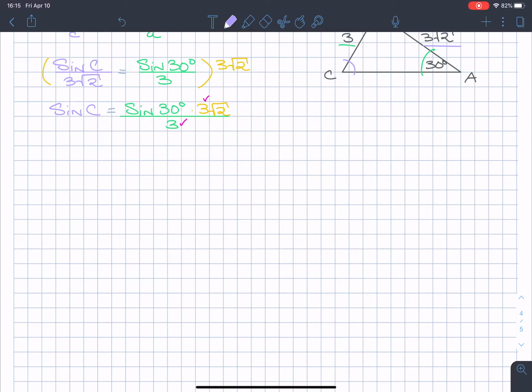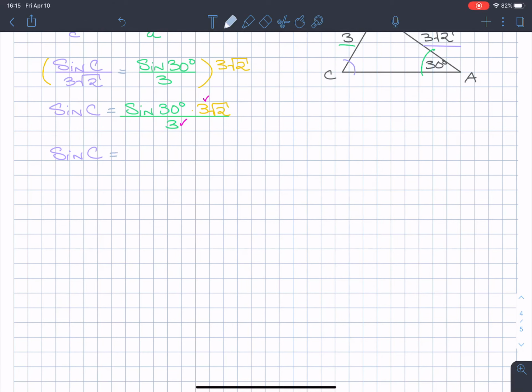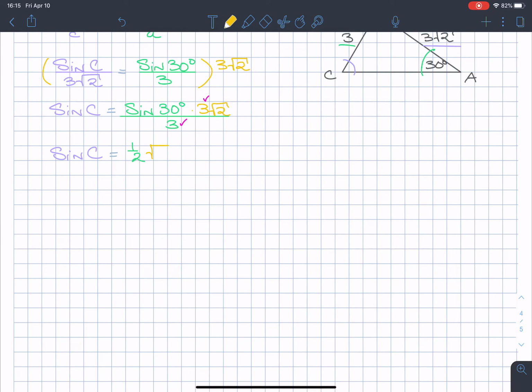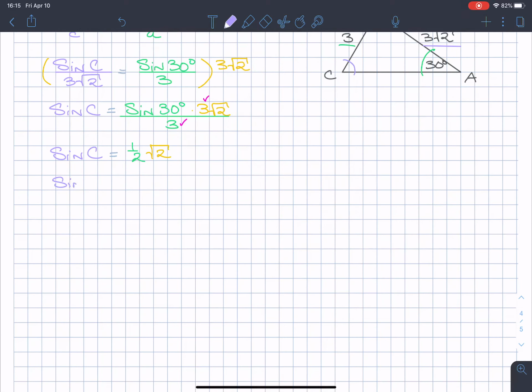So I get that sine of angle C is going to be sine of 30 degrees, which is 1/2, and then I just have root 2 left. Okay, so look at that. This says that sine of angle C is the square root of 2 over 2.